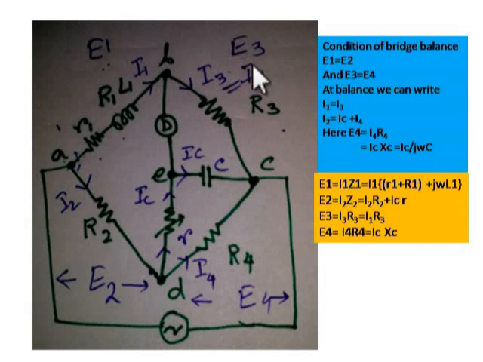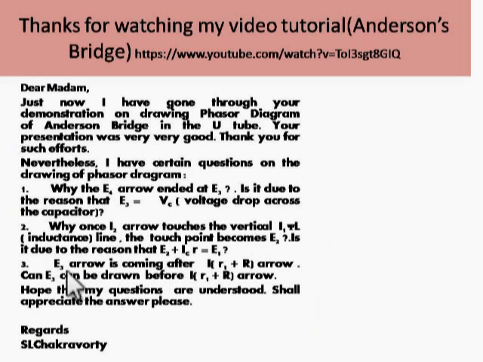Now at balance condition, this E3, that is I1 and R3, must be equal to E4. E4 means either I4R4 or IC into XC, IC by j omega C. I think you have got your answer, that E3 arrow is coming after I1 into R1 plus R arrow.